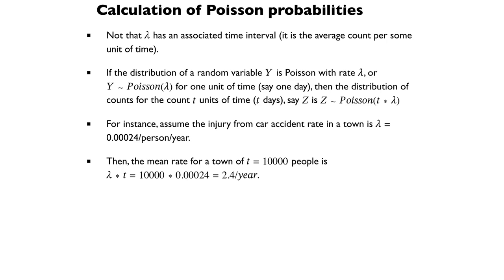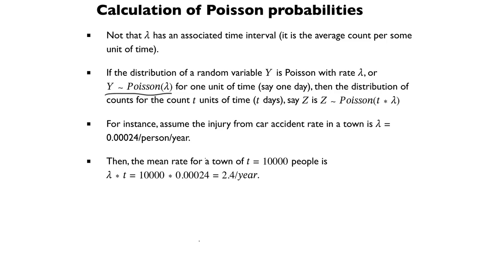So when everybody has the same time or repeated measures that they record, it's pretty straightforward. You don't have to worry about the time period because they're all the same. When it's not, people might be followed for 10 days or 100 days or 1,000 days, and we want to account for that. The Poisson has a very natural way to account for it. If something's Poisson, let's say y, with lambda, that's per unit, whatever that unit is, day, year, whatever.